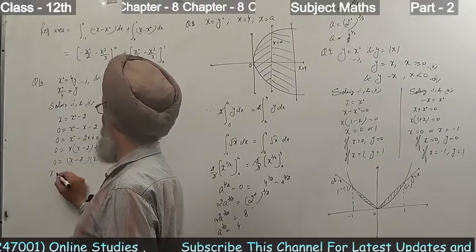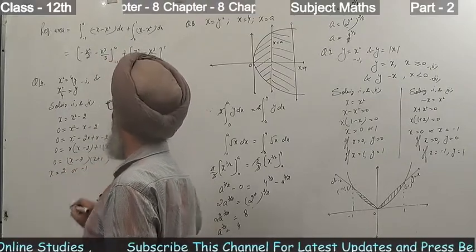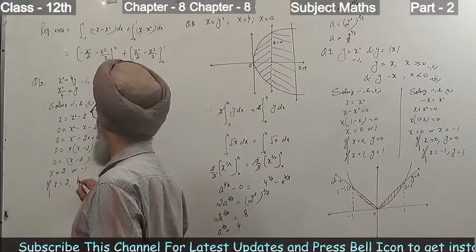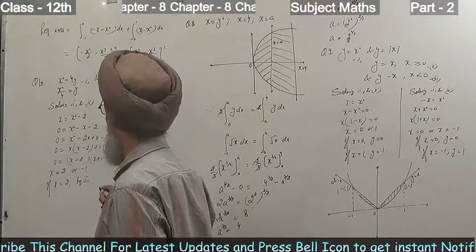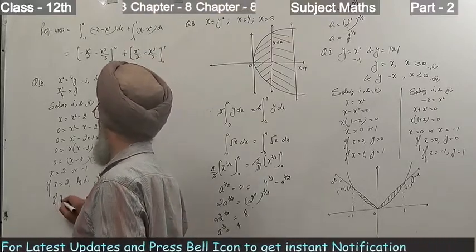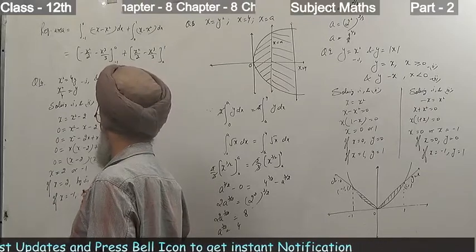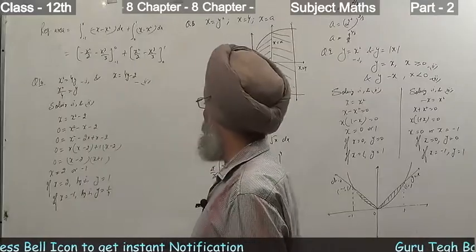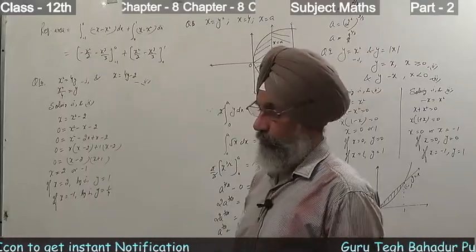So value of x is 2 or minus 1. If x is 2 by first, value of y is 1. If x is equal to minus 1 by first, y is equal to 1 upon 4. Now we have to make a sketch for it so as to solve it.